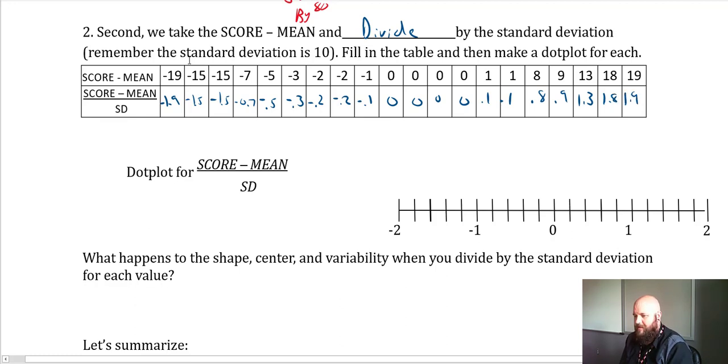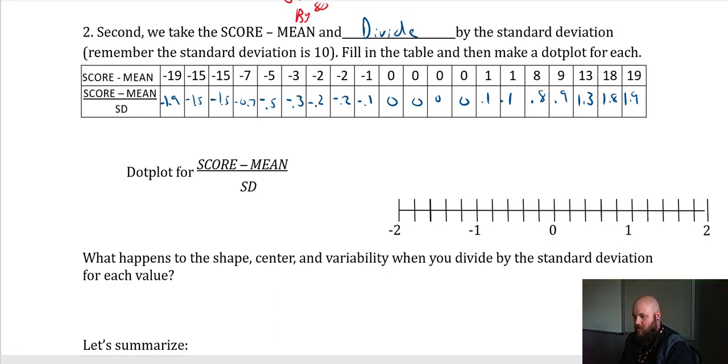So now we're going to dot plot this and see if anything changed. If we take these values that we just calculated right here, and we put a dot plot for it.